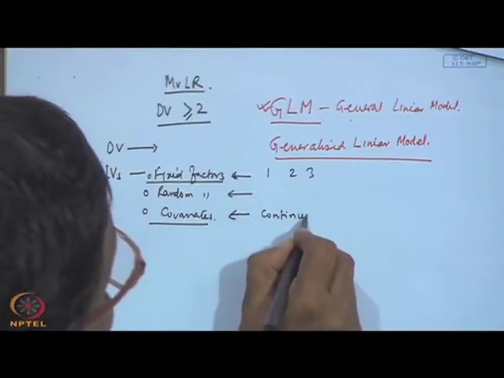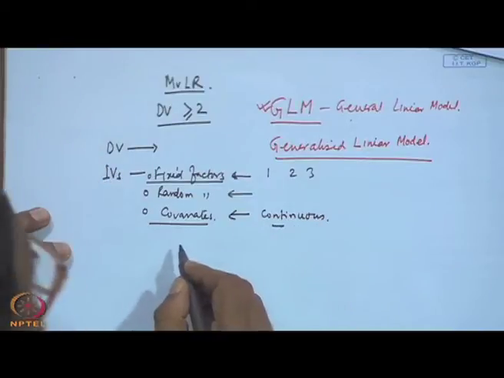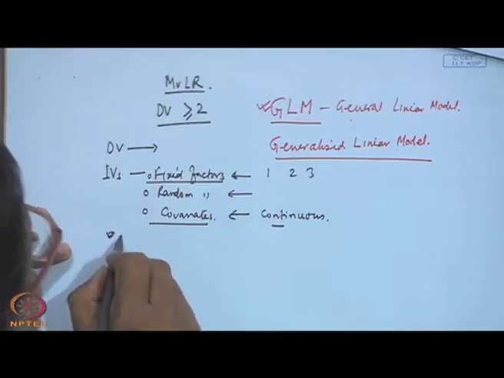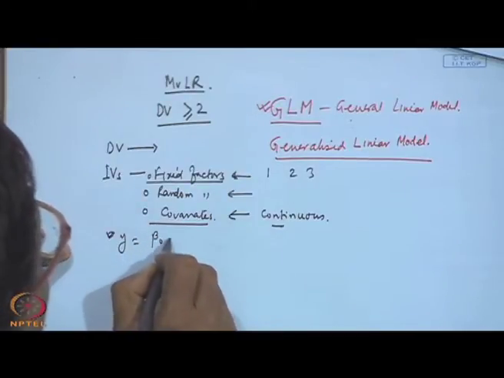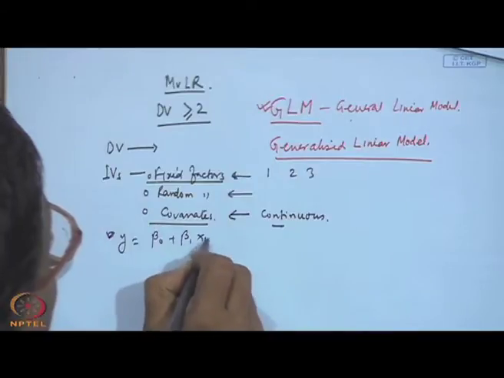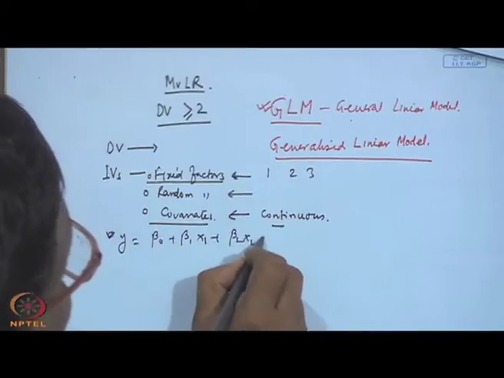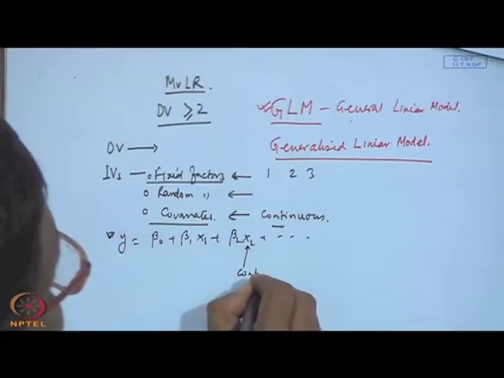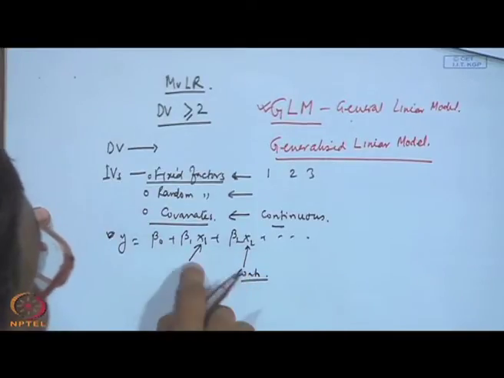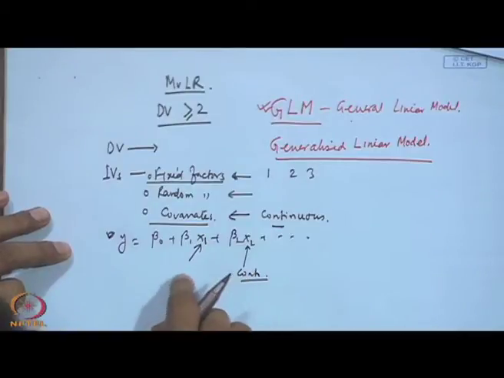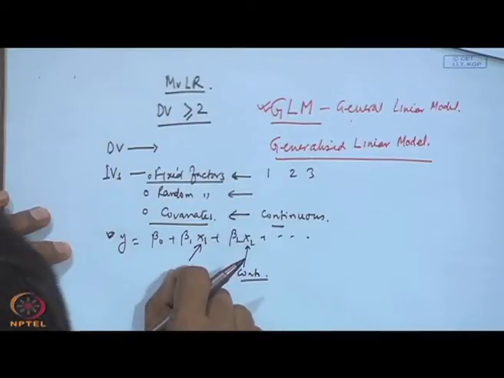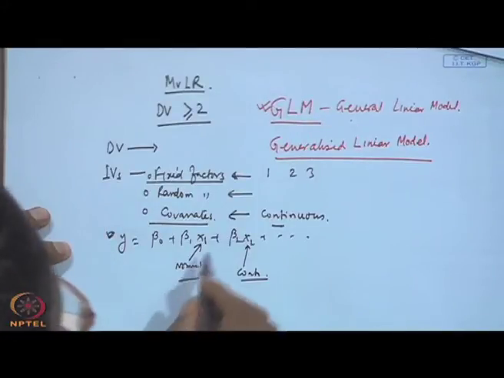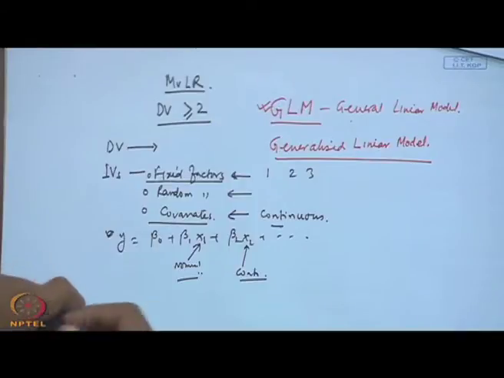Getting me? For example, my dependent variable DV is y, suppose this is beta 0 plus beta 1 x 1 plus beta 2 x 2 like this. Suppose this one is a continuous measurement and this has different levels, that means categorical or nominal, correct. Then accordingly you put them where they belong.